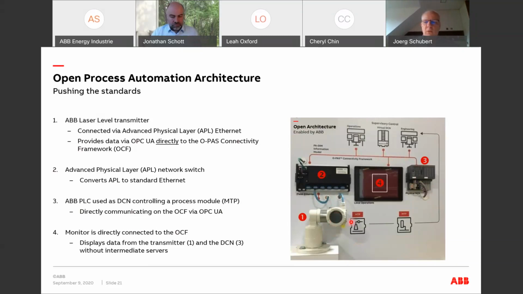So here you see an enhancement again of what the OPAF is focusing on right now by adding the field instruments directly into it, by bringing the industrial Ethernet all the way down into the hazardous areas or non-hazardous areas with OPC UA servers running on the instrument.